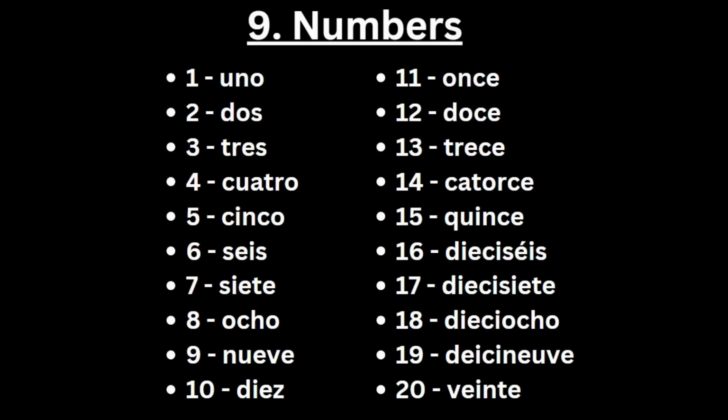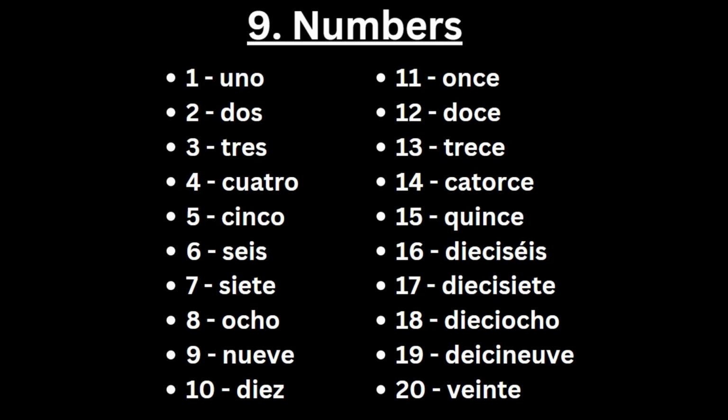And last one, number 9, numbers. Now, I'm not going to write every single number down because this will be a long video, but I'll give the syntax of how to say numbers, and from there you can say numbers on your own. Uno, dos, tres, cuatro, cinco, seis, siete, ocho, nueve, diez, once, doce, trece, catorce, quince, dieciséis, diecisiete, dieciocho, diecinueve, and veinte.